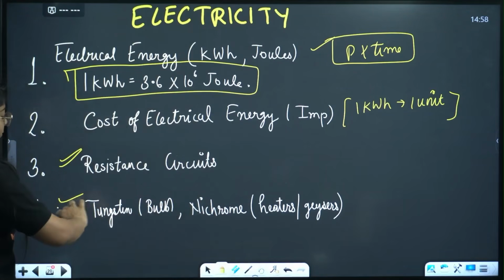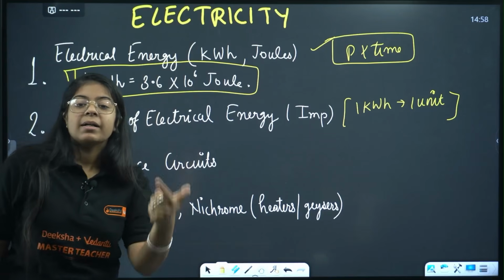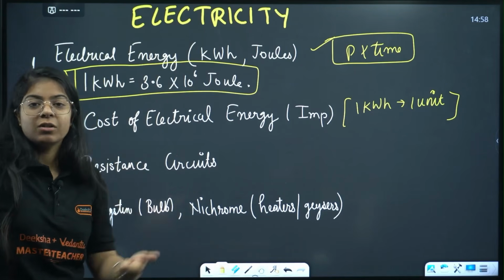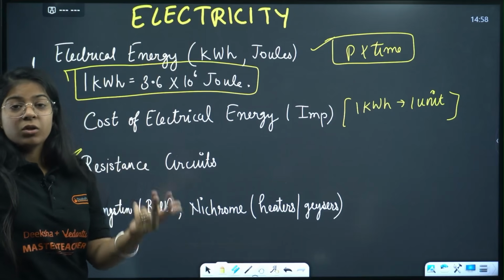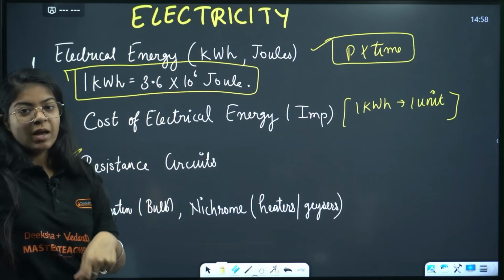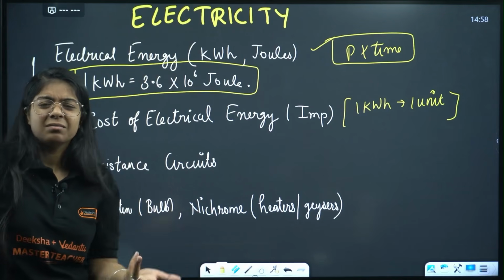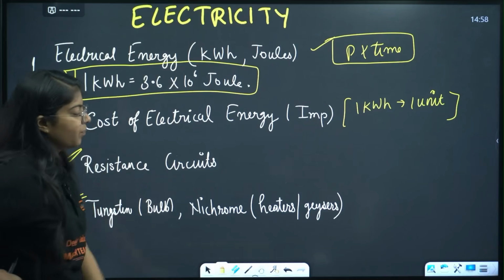And then some of the wires: tungsten we use in bulbs, nichrome wires we use in heaters and geysers, copper is a good conductor of electricity. You need to remember these as well, because they might ask some conceptual questions on that. Less chance, but they might.